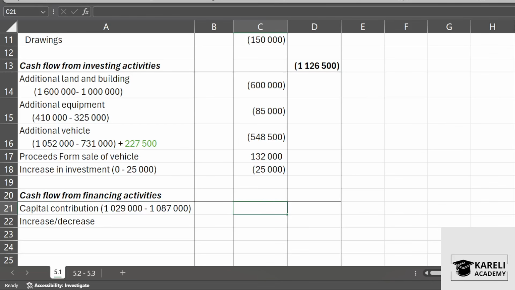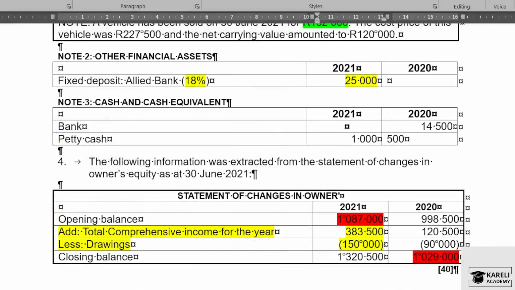Let me check if I got them right. 1,029,000 or 1,087,000. Yes, meaning the difference between the closing balance of the previous year and the opening balance of the current year is your additional capital.